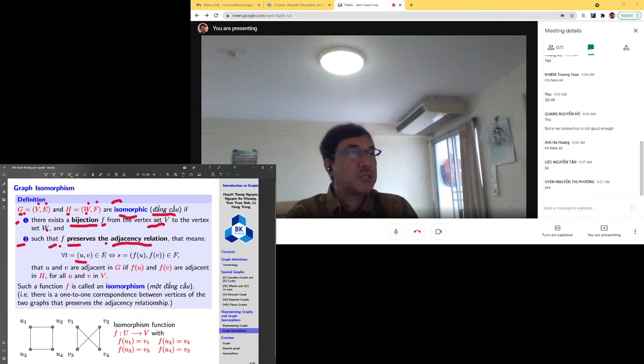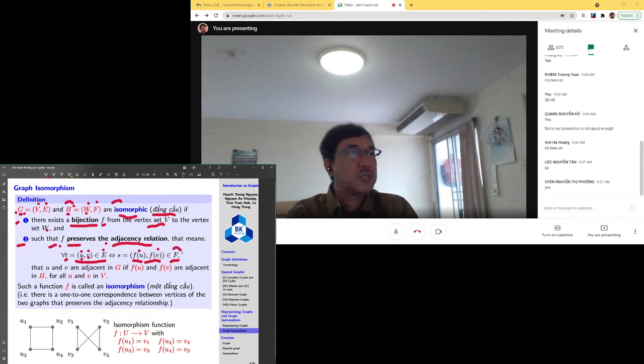That means if you observe some connection in the first graph G, say an edge connecting u with v in the first graph, then you can find the image of u denoted by F(u) in the second graph here, and also the image of v denoted by F(v) in the second graph, and the two nodes in the new graph also must connect together to make a new connection.